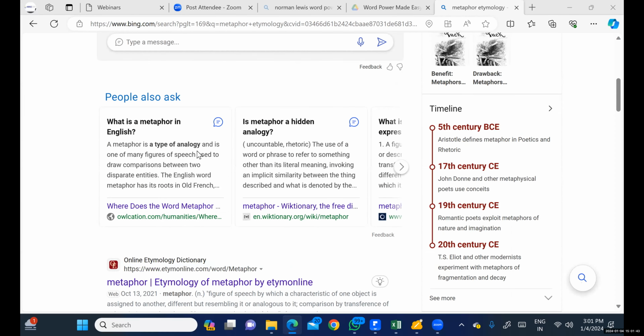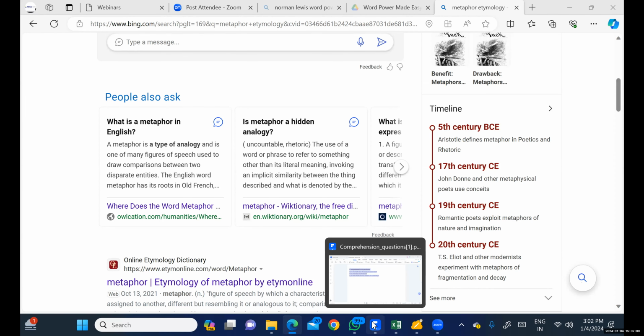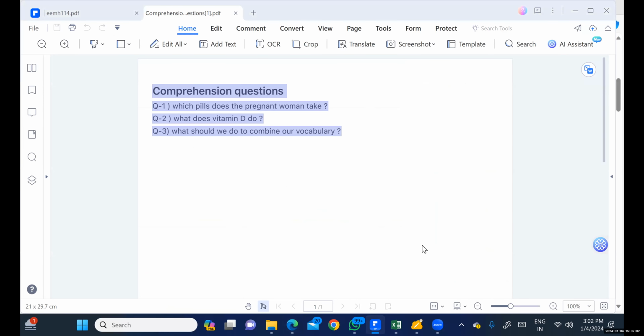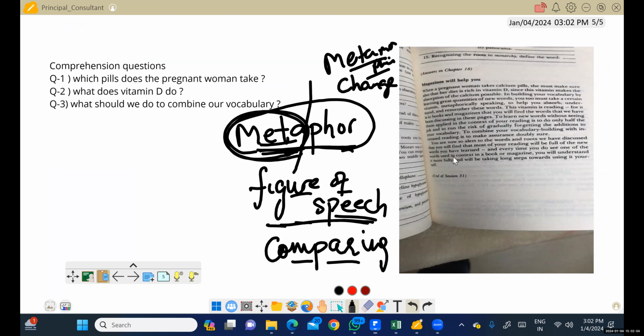Metaphor is a type of analogy and is one of many figures of speech used to draw comparison between two disparate entities, two different things. So in the context of this paragraph, what is the metaphor we are talking about?